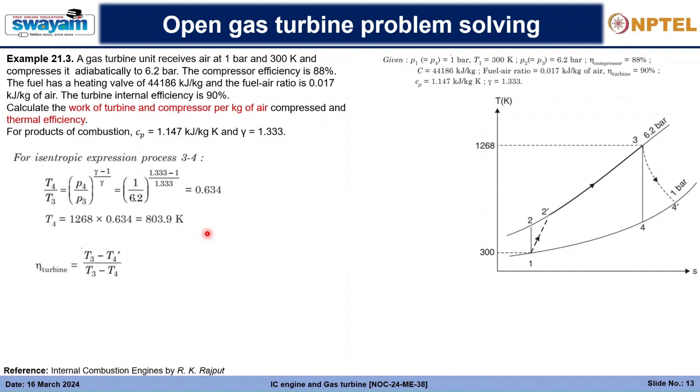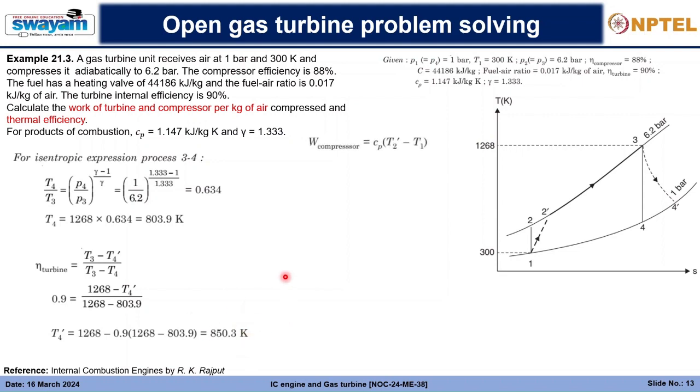And using the turbine efficiency, that is T3 minus T4 dash, the actual work output from the turbine, divided by the isentropic work output, that is T3 minus T4, we put in the values, we are left with only the unknown T4 dash, and finally we will have T4 dash equal to 850.3 Kelvin.